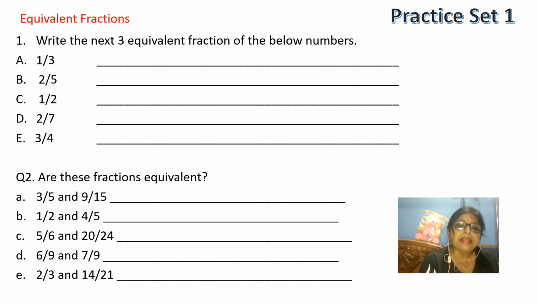Next, you multiply the numerator of the second fraction and the denominator of the first fraction. Again you find the product. If they are the same, then they are equivalent fractions. So this is the process of solving these sums.